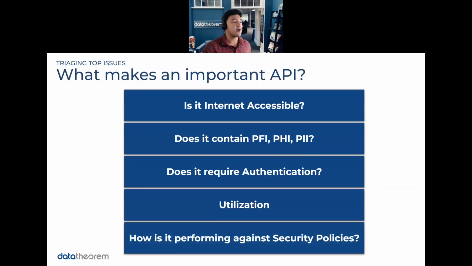Then lastly is, how is it performing against our API security policies? This includes not only the OWASP top 10, but those different strategies I was speaking about earlier, the copycat hacks, over provisioning, broken object level authorization, these different attacks that we're running against our environment, so that if we're taking all these different strategies, we know that we're protected from them as well. And this is how we like to triage your most important APIs.